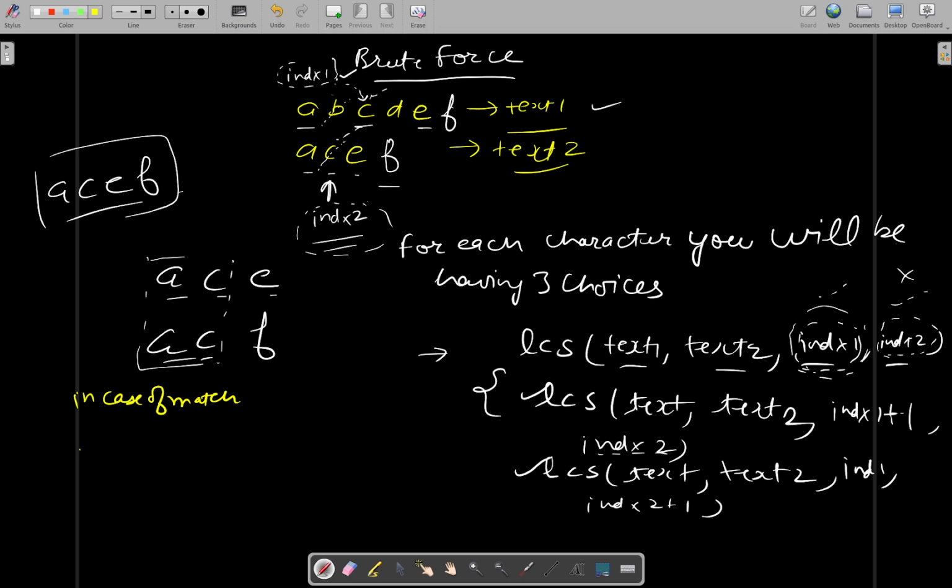It will be A, that we include both of the characters from both of the strings. It will be LCS of text1, text2, and we are including both of the characters.